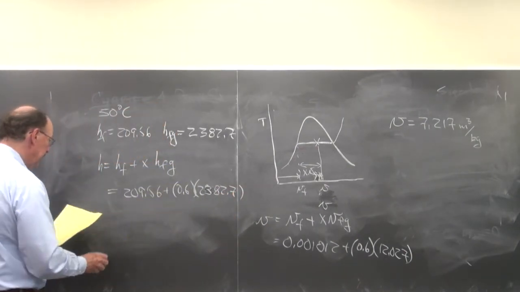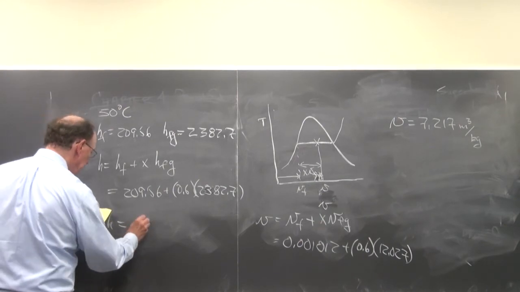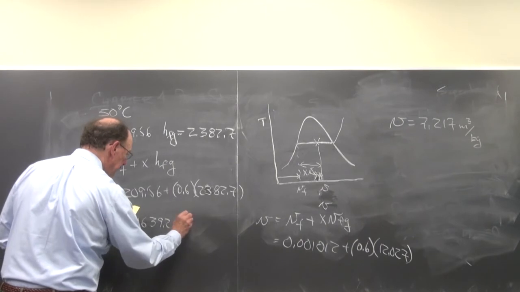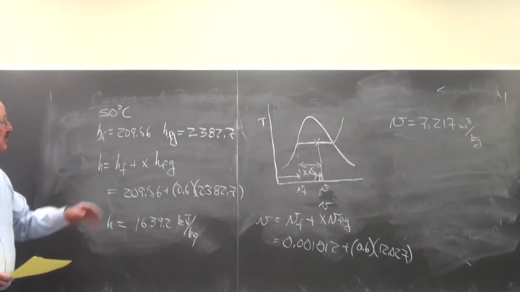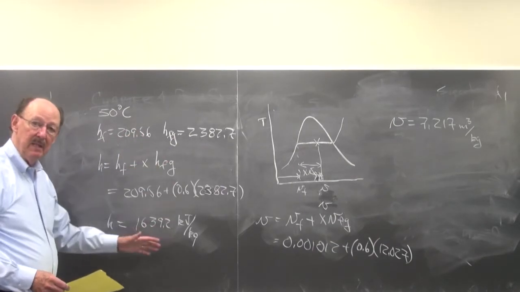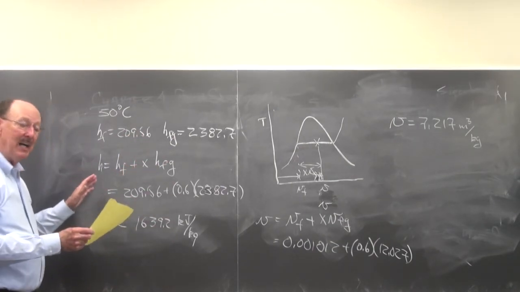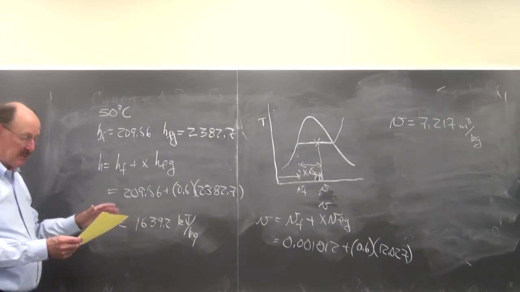And we calculate that H is equal to 1639.2 kilojoules per kilogram. And so that enables us to find the enthalpy at this condition. And so we could do this for table A5 and A6. So A5 and A6 are where we use this.